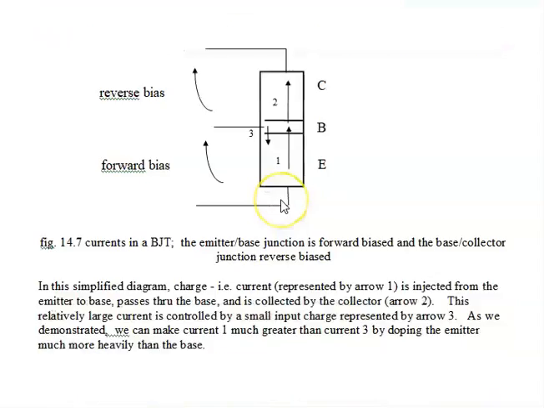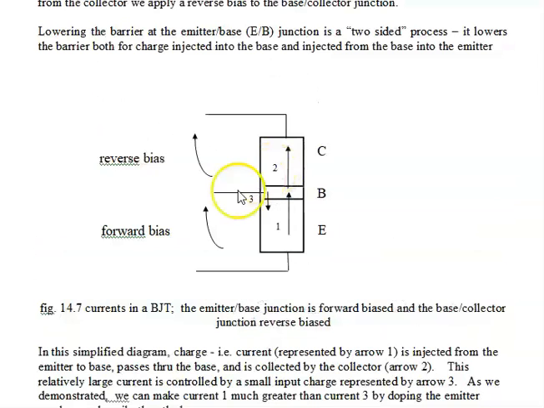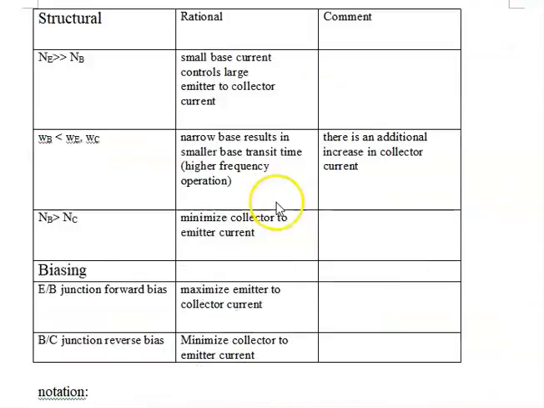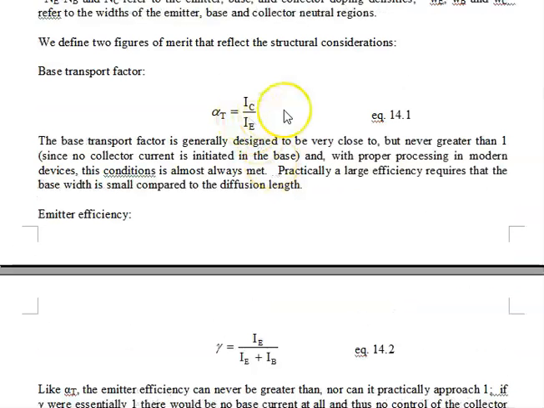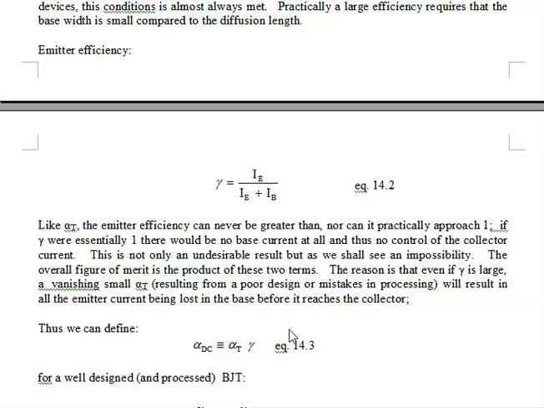So IB cannot be equal to 0, and if it were equal to 0, we'd have no input current. And with no input current, you have no control. So we don't want this to be 1, but 0.99 is pretty darn good. So this one, essentially, we assume is going to be equal to 1, and this one, 0.99 is pretty good.